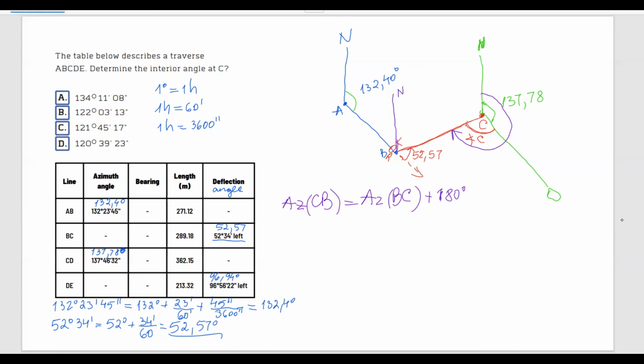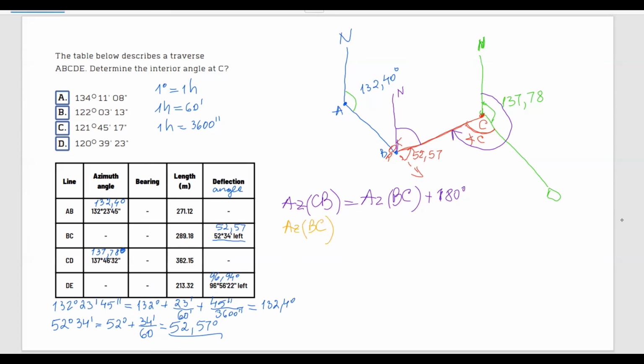This is the north meridian. The azimuth of BC is this angle right here. Okay, so how can we calculate the azimuth of BC? I'm looking at the azimuth of AB. So we have the azimuth of AB, and we also have the deflection angle.